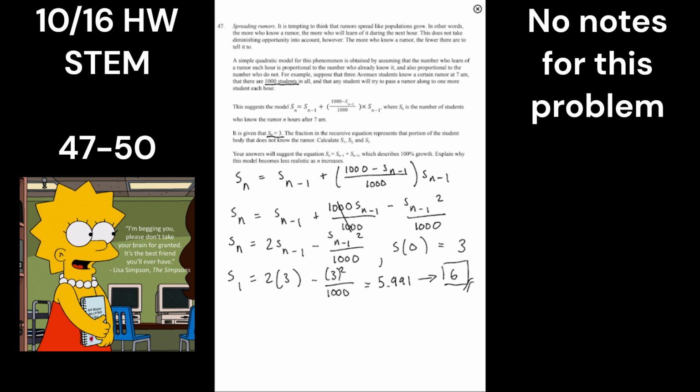Now let's do this for S2. Now I am going to use the whole number. I think it would just be easier, because we also have to solve for part B, so it will be nice to use whole numbers. We will input the number, so 2 times 6 minus 6 squared over 1,000.